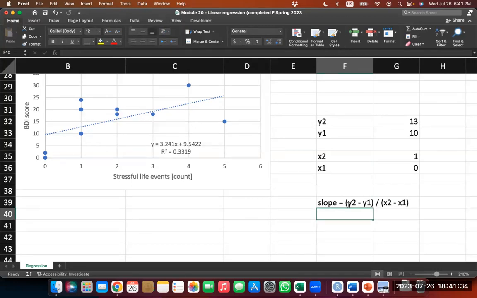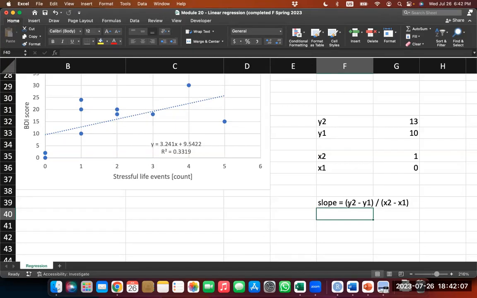So y2 minus y1, that's 13 minus 10, that's 3, divided by x2, which is 1, minus x1, which is 0, so divided by 1. So it's 3 divided by 1. That's the slope that I'm seeing here in this regression function. That's how you quantify a slope in any random graph that you would see. Whenever you see a line like that, you can hypothetically estimate it. Brings me to another point.